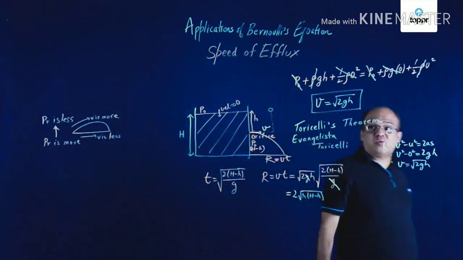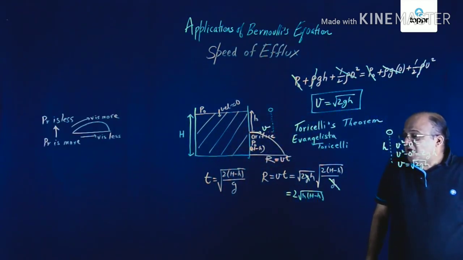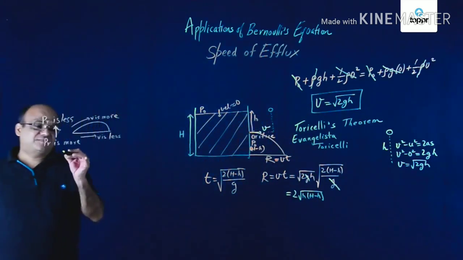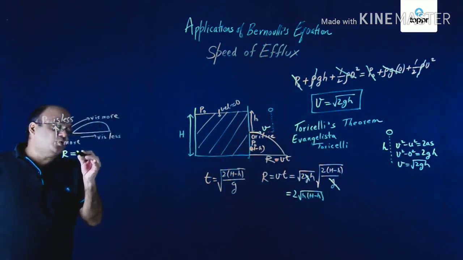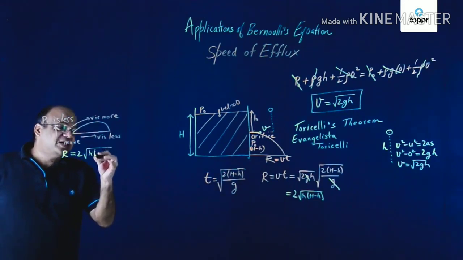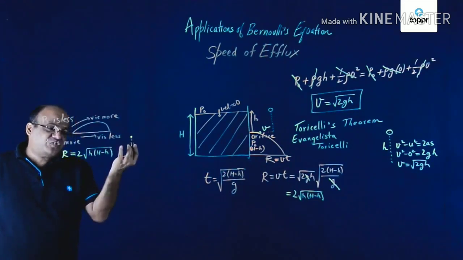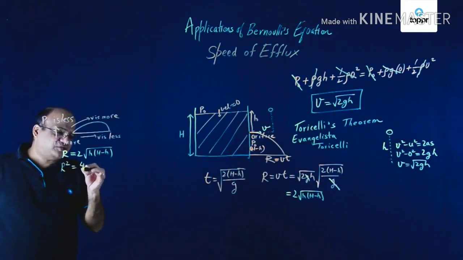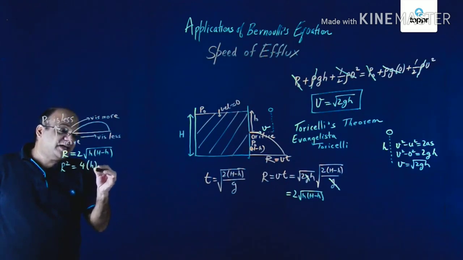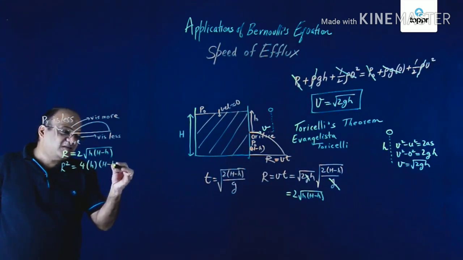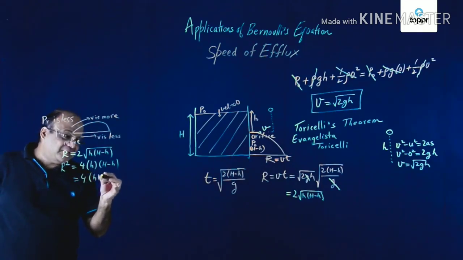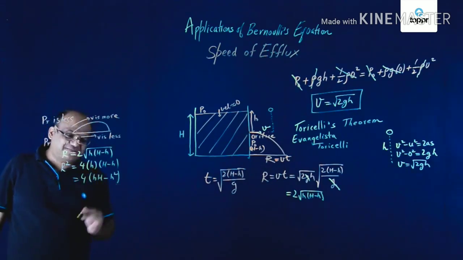Now suppose you want to maximize this range. How will you maximize the range? So R is 2 root over h(H minus h). Square both sides. So R square equals 4h(H minus h); 4 is a constant, we can leave it outside. That is equal to 4 times (Hh minus h square).